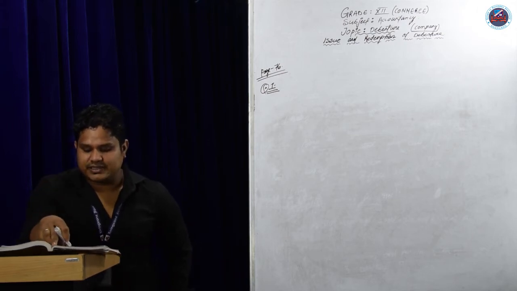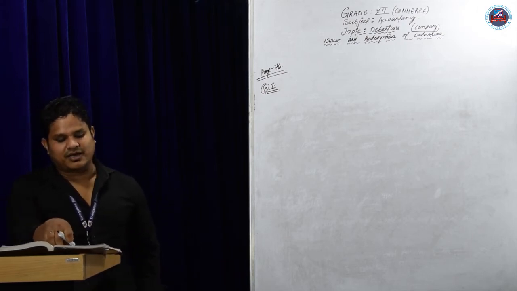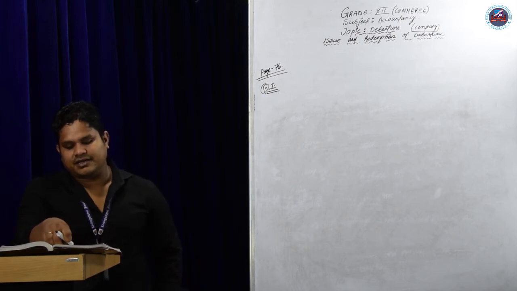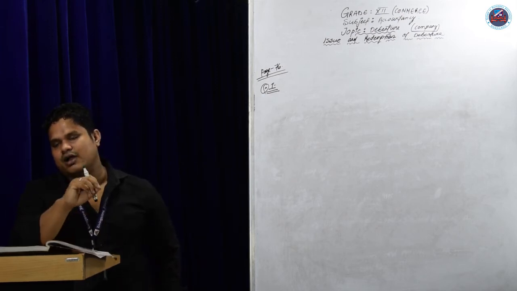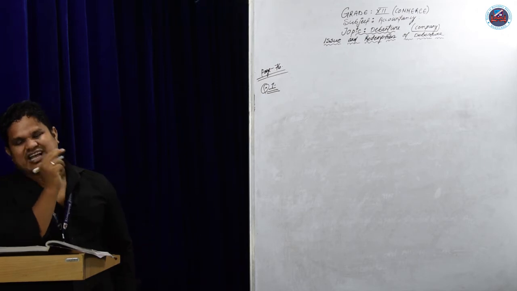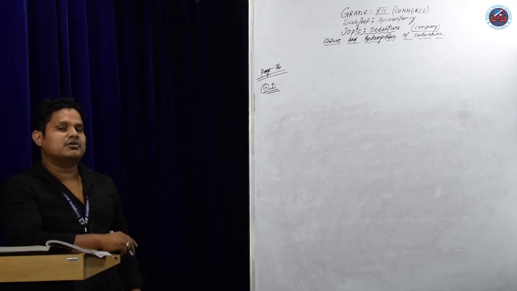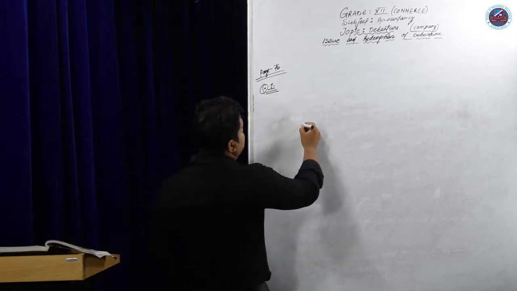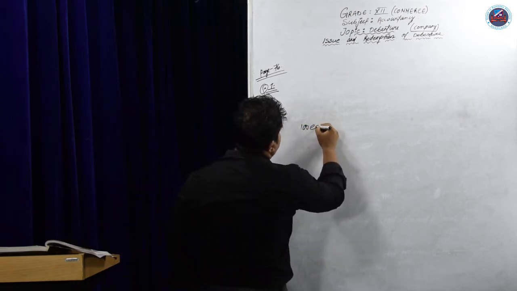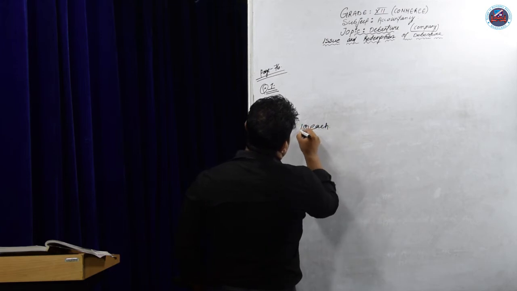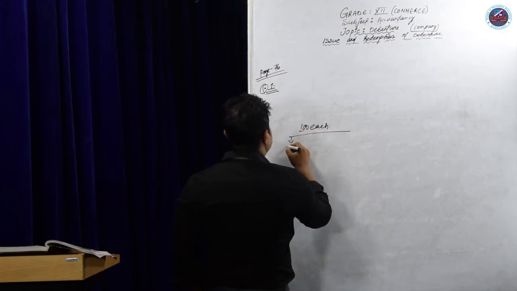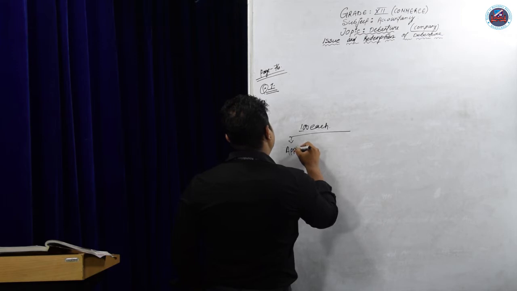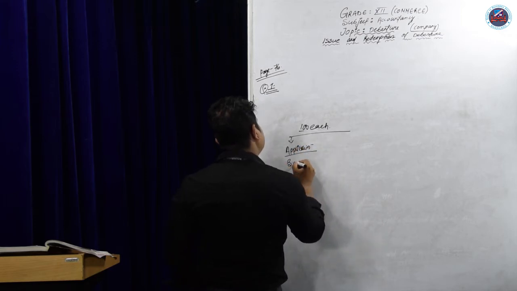Of rupees 100 each, payable rupees 30 on application and the remaining on allotment. So that is two entries, two installments. How do we know it is two? Because the debenture is 100 each. Out of 100 each, at the time of application, 30 is given.